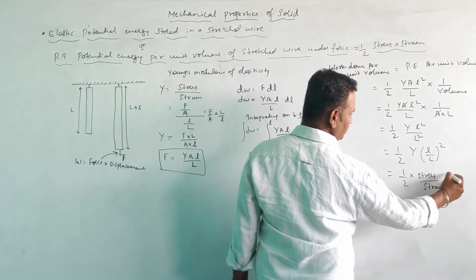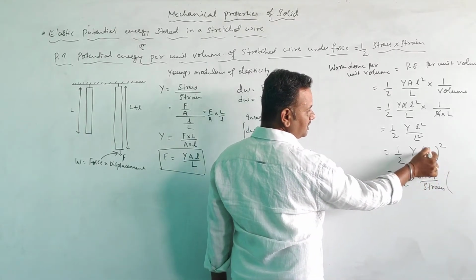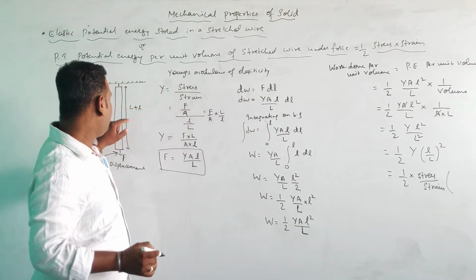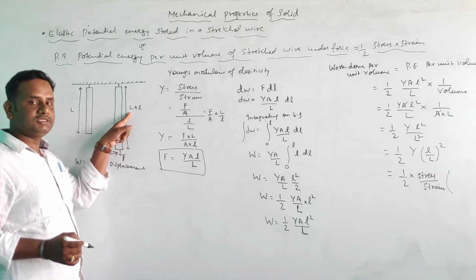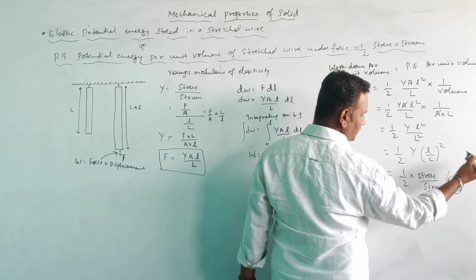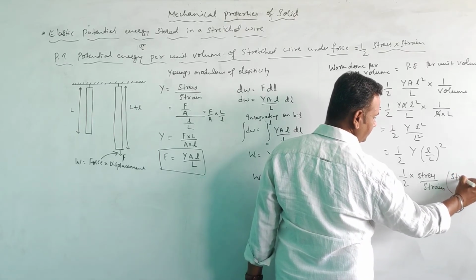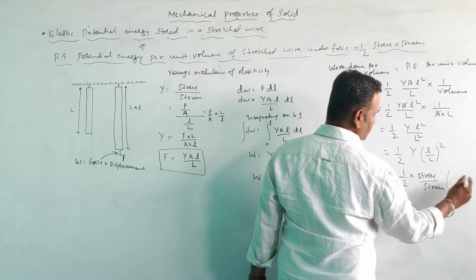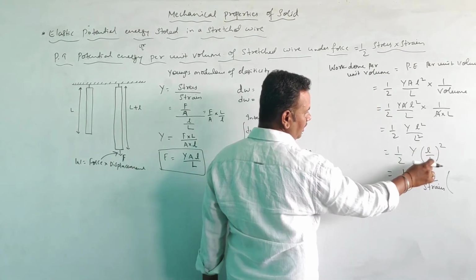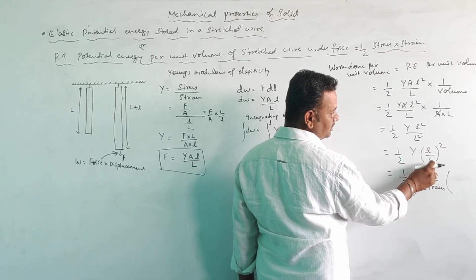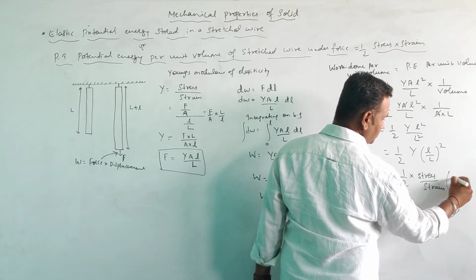And here change in length to the original. Change in length is how much? l here. Capital L means original length. So l by L, which is change in length divided by original length, is called strain.